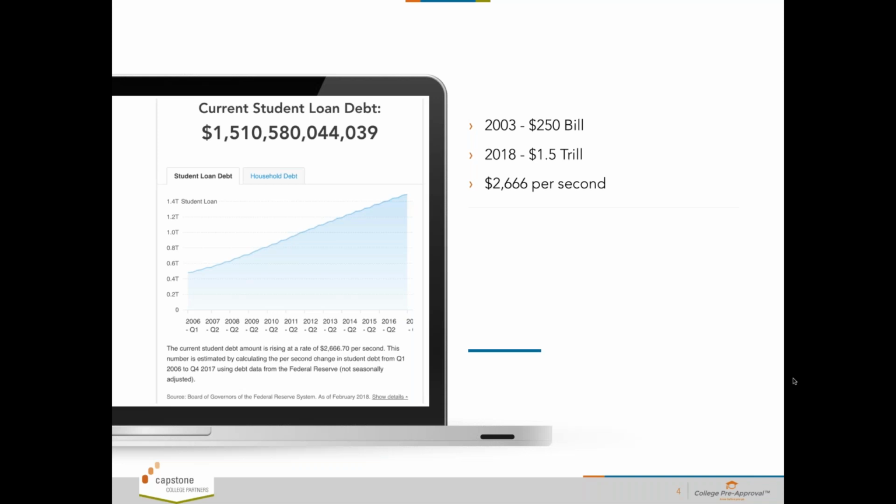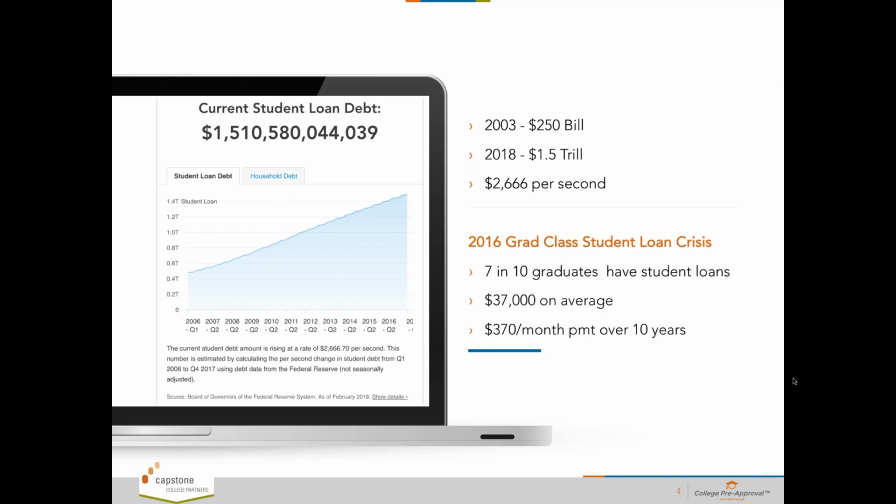One of the things I found interesting as I was looking today: in the last 15 years, we've gone from $250 billion to now approaching $1.6 trillion in debt in a 15-year period. We're adding about $3,000 per second. So in the course of our webinar today, we'll add $10 million to our national student loan debt if we averaged it out. So we also know student loans are part of the equation for most families today because of the cost.